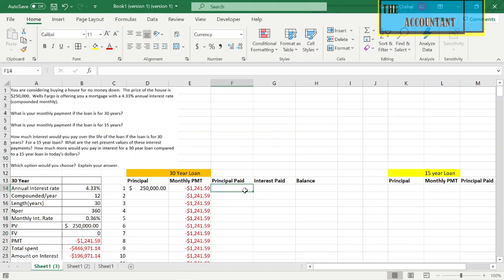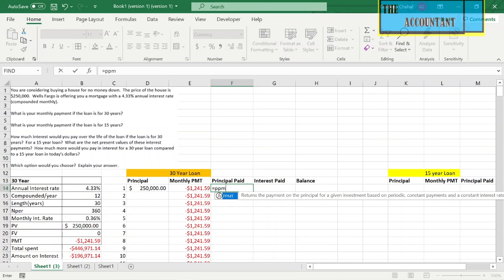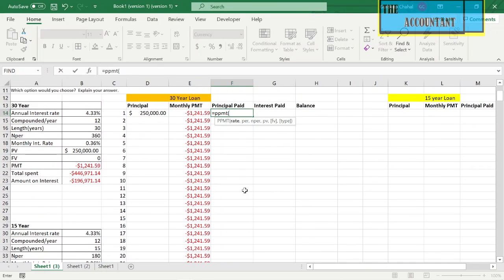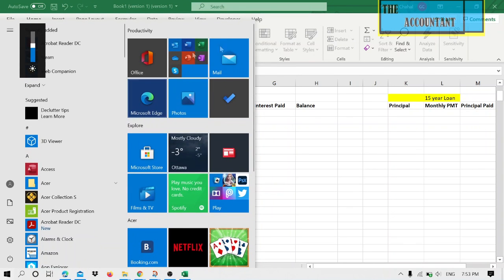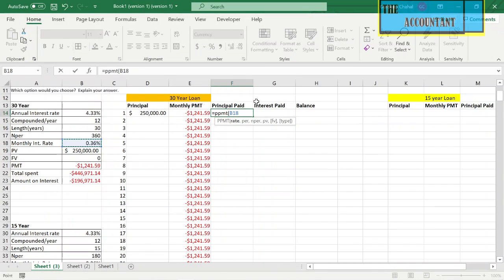Then the next one is to calculate how much of that payment is principal. So for this, you can use another Excel formula called equals PPMT. So the rate is still the same. You want to make that absolute because this is not going to change. Period is the first period. You don't want to make this absolute because this is going to change with each line.